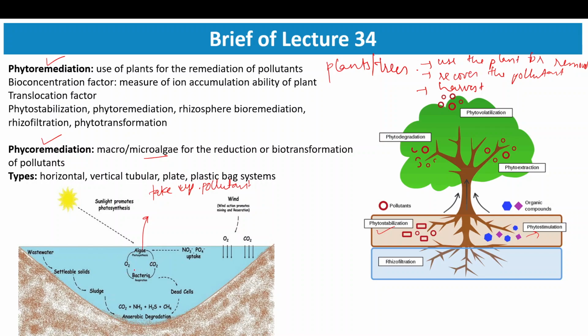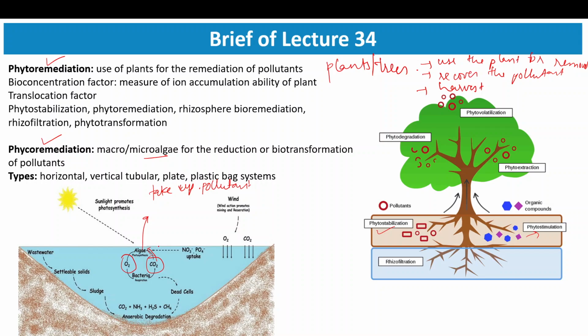Now, for the oxygen which is produced, there are natural bacteria inside the treated water. That bacteria takes up this oxygen and further degrades the pollutant present in the wastewater. That degradation releases CO2, and again algae can consume that.